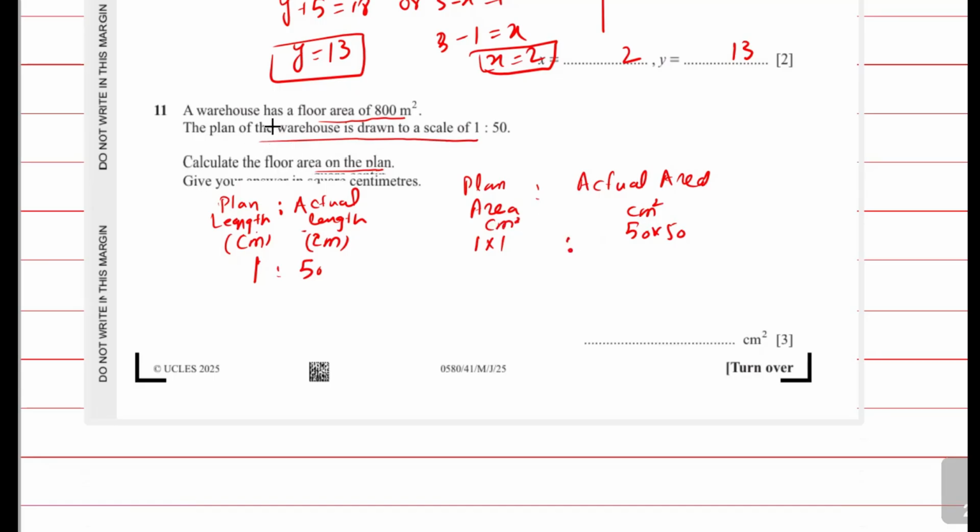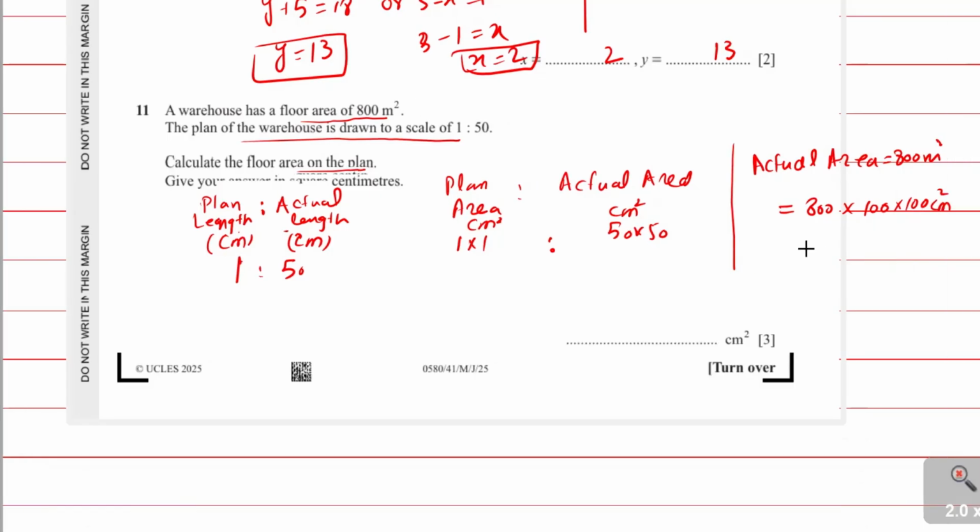Here the area of the floor is 800 meters square, and you can write this is the actual area, equal to 800 meters square. We convert this meter square into centimeter. If we multiply this value by 100 into 100, this value becomes in centimeter square.